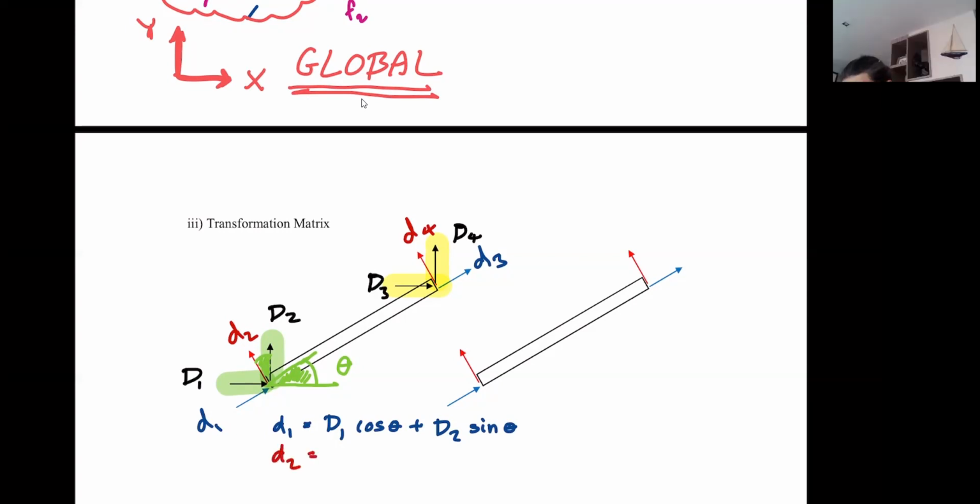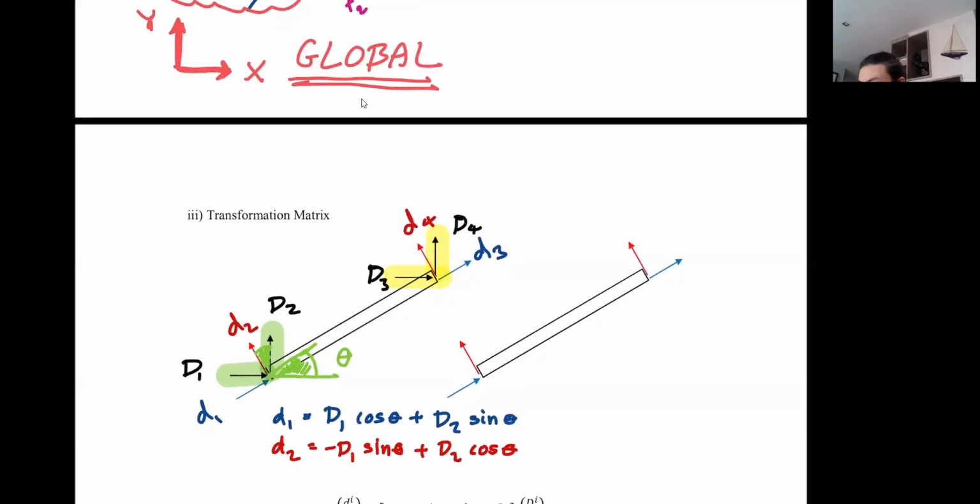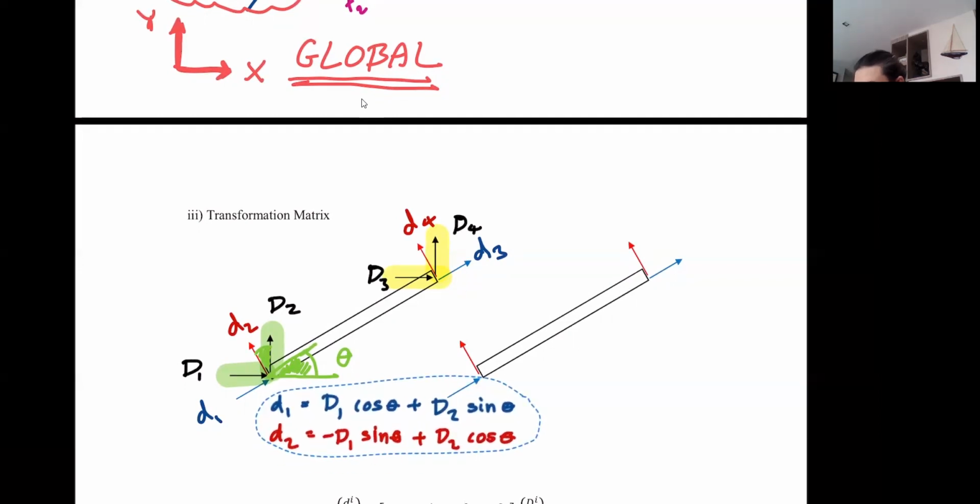And D2 here is going to be equal to minus D1, right? Because it's going down, minus D1 sine theta plus D2 cosine theta. And in similar fashion, D3, maybe I can have more space by moving this up. Okay.